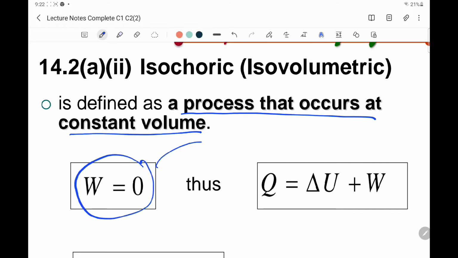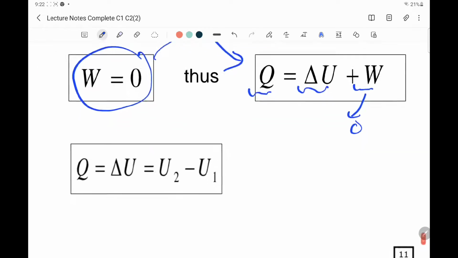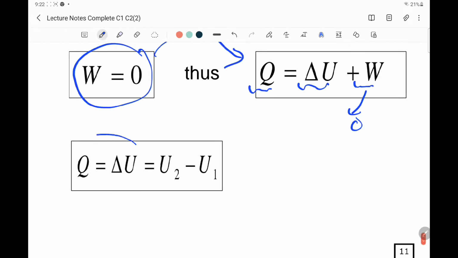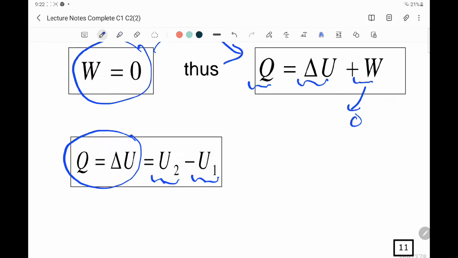Based on the first law of thermodynamics, heat Q is equal to the change in internal energy delta U plus W. When W is equal to 0, heat energy is equal to delta U, which is the final internal energy U2 minus initial internal energy U1.